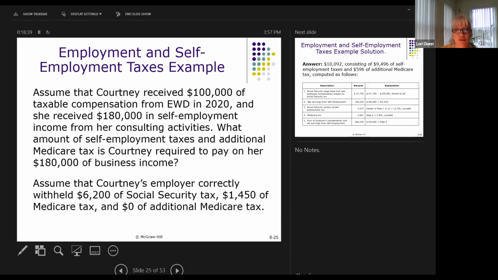Let me go into my Word document and, Word document, where are you? Okay, let me share a new one. Okay, doing a quick example. Sometimes a person may have more than one employer during a year.